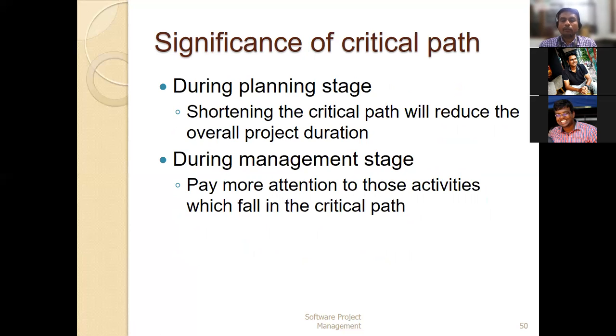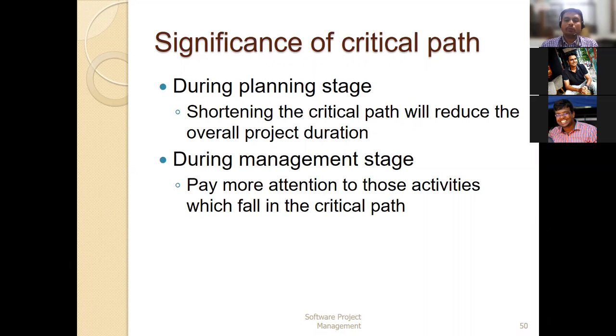And once we identify it, we can find out whether there is a possibility for shortening the critical path, which will reduce the overall project duration. If there is any possibility, we can go for reducing the duration. Through that, we can avoid the risk. So that is the first thing.